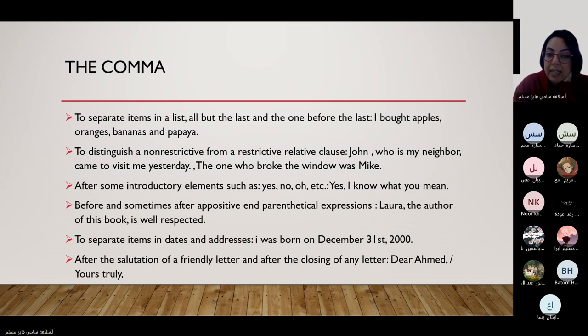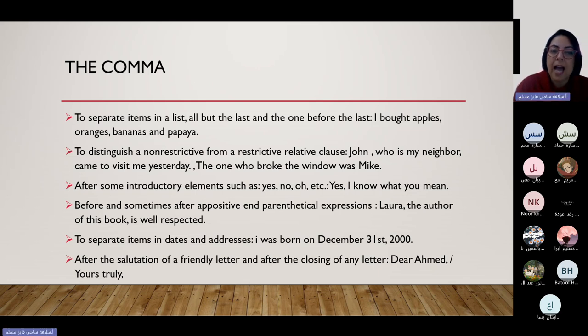Yes. That was the answer. I want to continue, I want to introduce why I gave this answer. I know what you mean. Okay? That's why I put a comma after the yes.